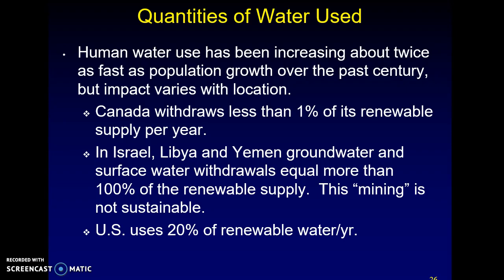Again, remember, Israel is in the middle of a desert, and they have artificially created a landscape that makes them agriculturally sustainable. They are self-sufficient when it comes to agriculture, and that is an artificially created situation. That means they tend to use up all their renewable water sources. The United States uses about 20% of its renewable water every year.